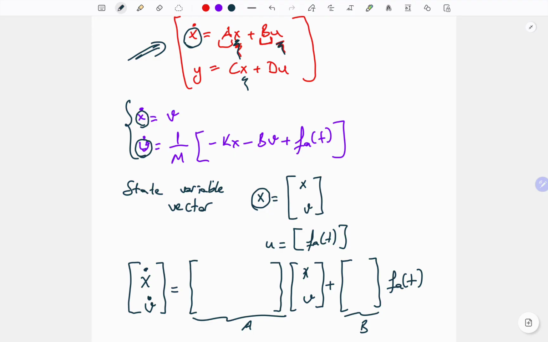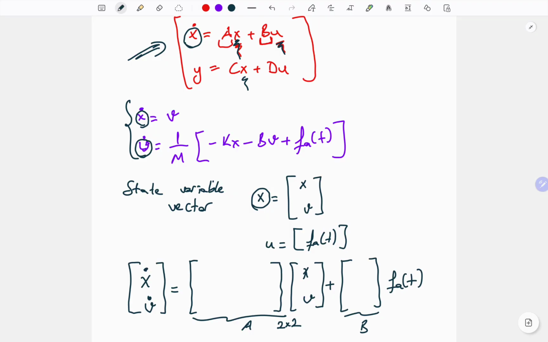So how will we decide the dimensions of A and B according to our state variables and the inputs? For A, it must be equal to the state variable dimensions. So if we have two state variables, the matrix A is a square matrix and it must contain 2 by 2 parameters.